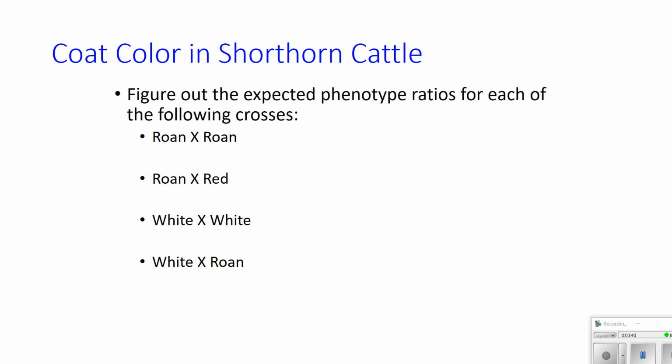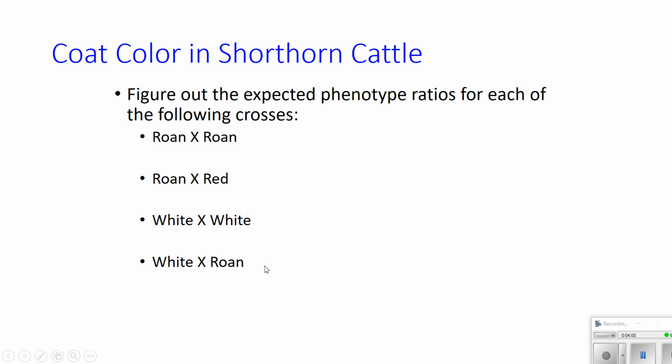So with that in mind, a little sample problem here, actually 4 sample problems. Figure out the expected phenotype ratios for each of the following crosses. The first one is a roan steer bred with a roan cow. The second one is roan crossed with red, white crossed with white, and then finally white crossed with roan.